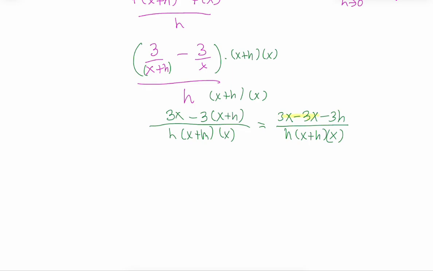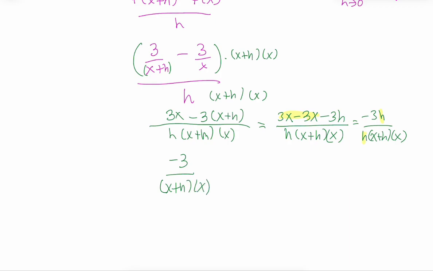What happens to these two terms? Cancel out, right? So you're left with negative 3h over h times x plus h times x. What should happen with our h's? Cancel out. So now our difference quotient simplified down to be negative 3 over x plus h times x.